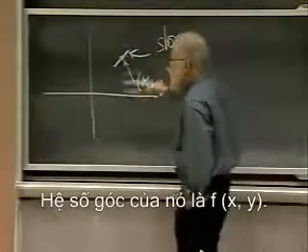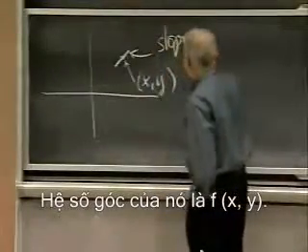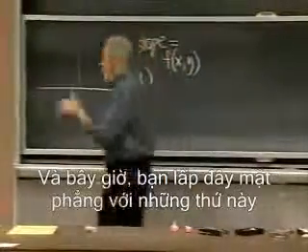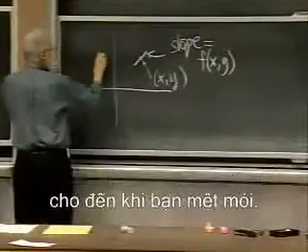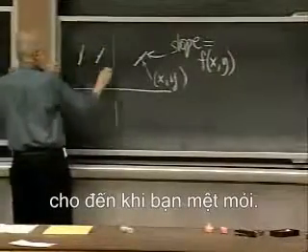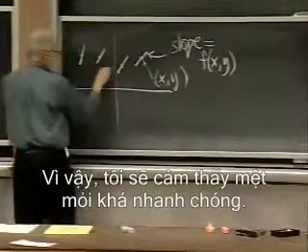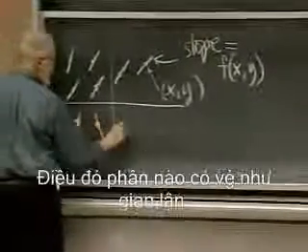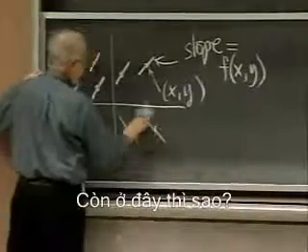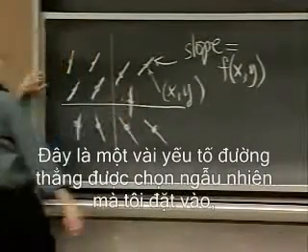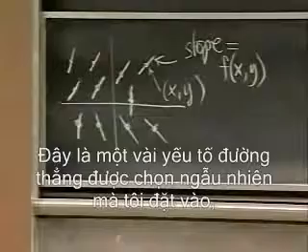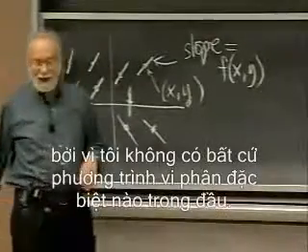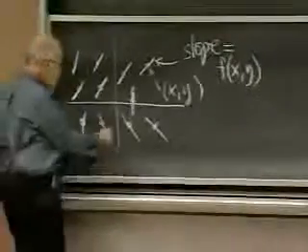Its slope is to be f of x, y. And now you fill up the plane with these things until you're tired of putting them in. So I'm going to get tired pretty quickly. Let's not make them all go the same way. That sort of seems like cheating. Here, how about, there's a few randomly chosen line elements that I put in, and I put in the slopes at random since I didn't have any particular differential equation in mind.